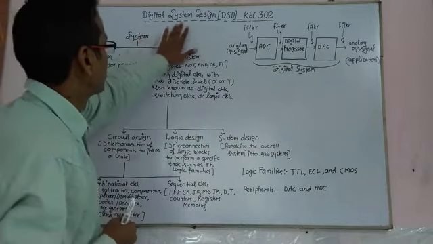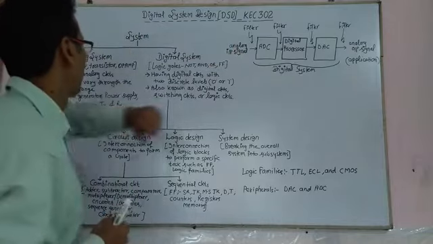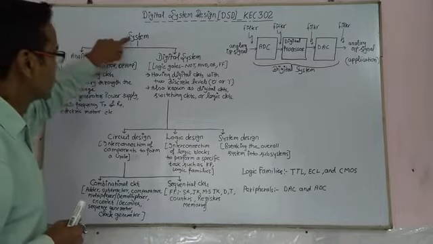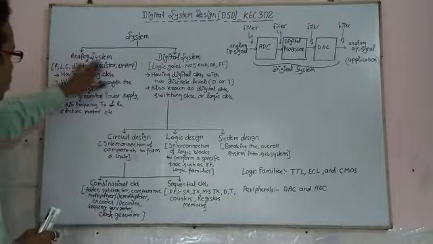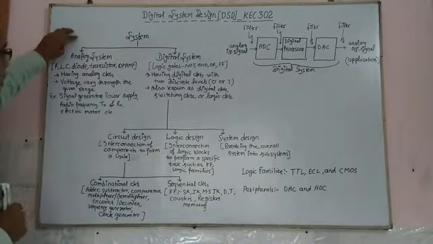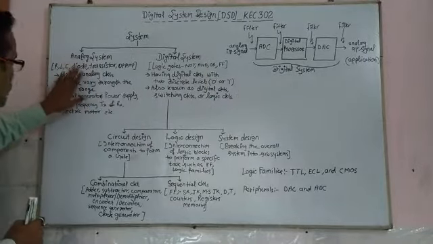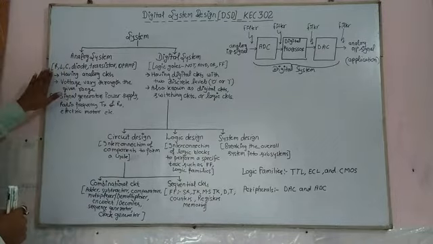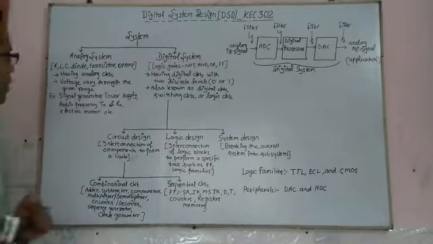Before digital system design, first of all we understand that systems are of two types. One is analog system, and the second is digital system. In analog system we use analog elements like resistor, inductor, capacitor, diode, transistors and operational amplifier.